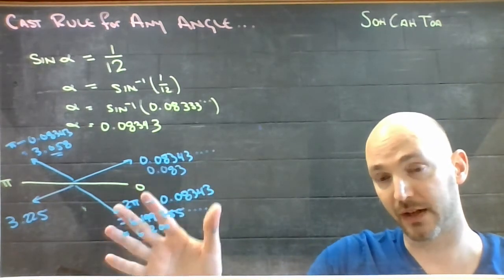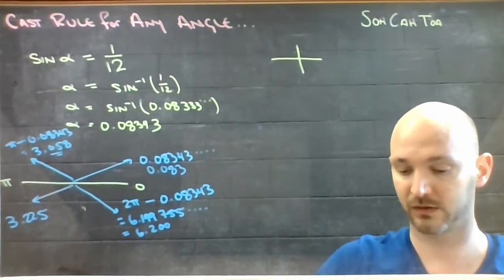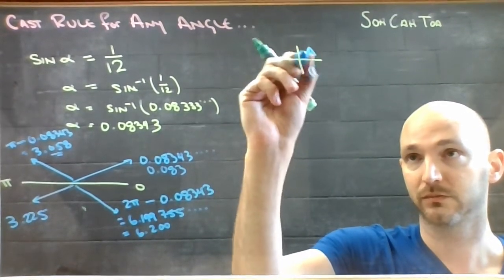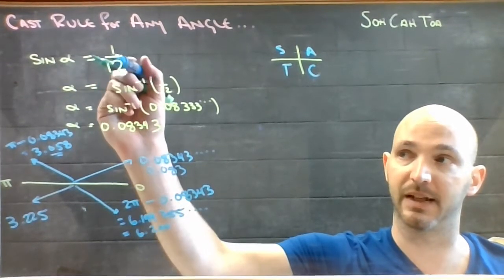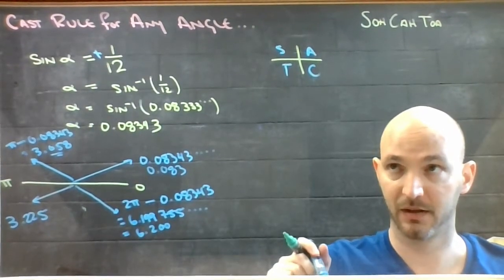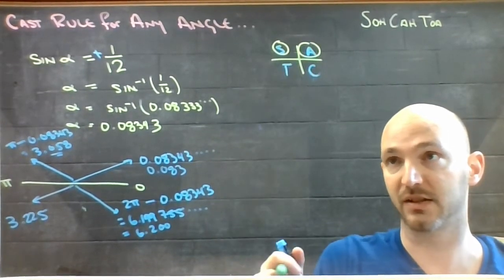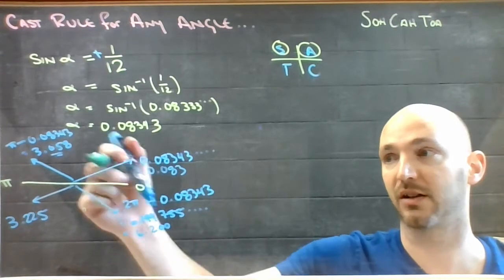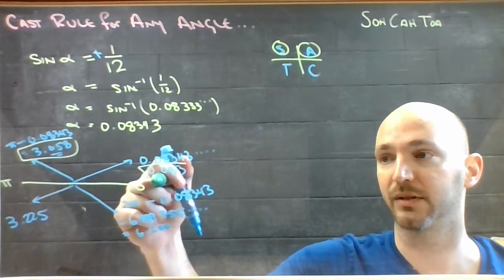Now that I've generated those, I'm going to look at my cast rule. And I'm hunting for a sine ratio that is a positive number. So sines are positive here and they're positive here. So I want the 2 solutions that are in this quadrant and in this quadrant.